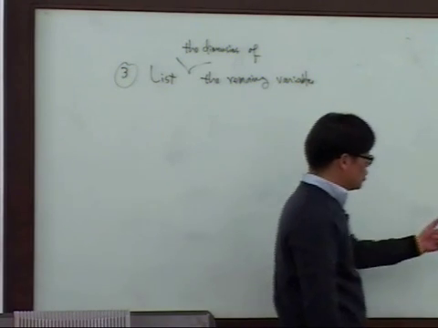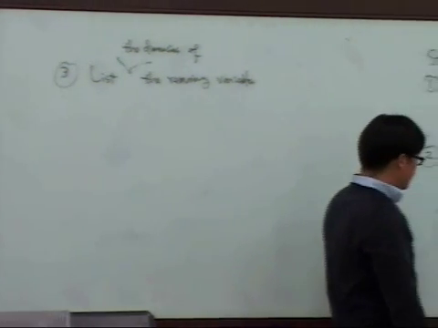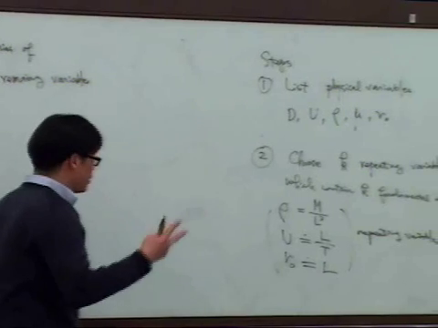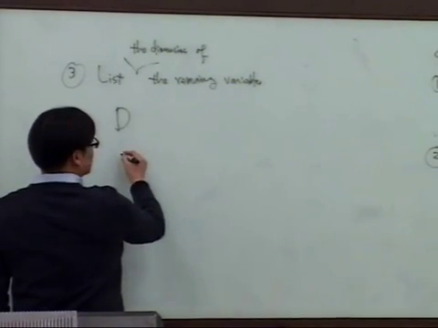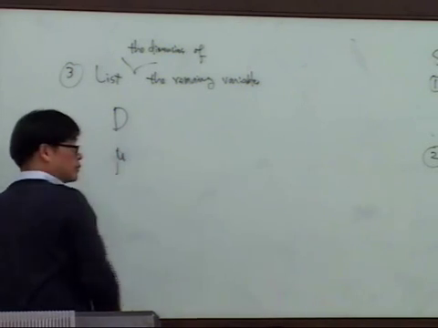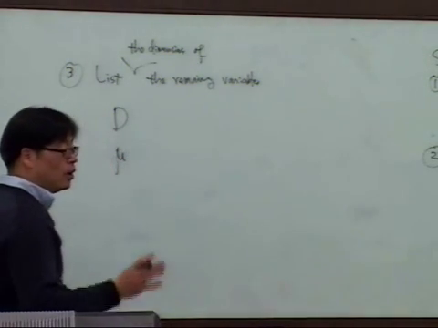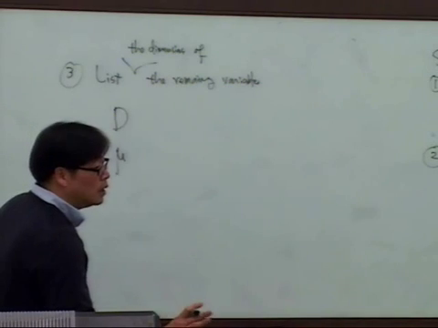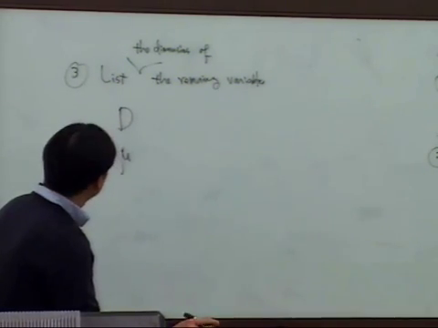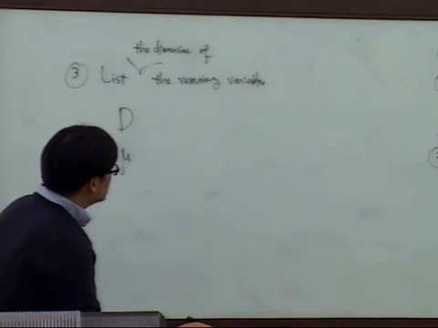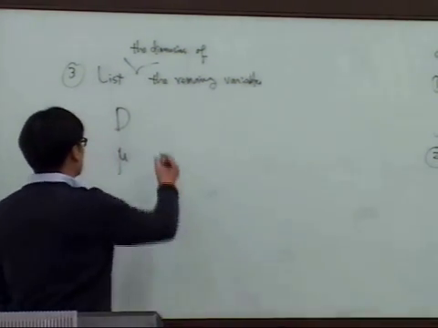So I already chose 3 variables for the repeating variables. I have 2 left, one is D and the other is mu. I have to know the dimension of these 2. So let's look at it.